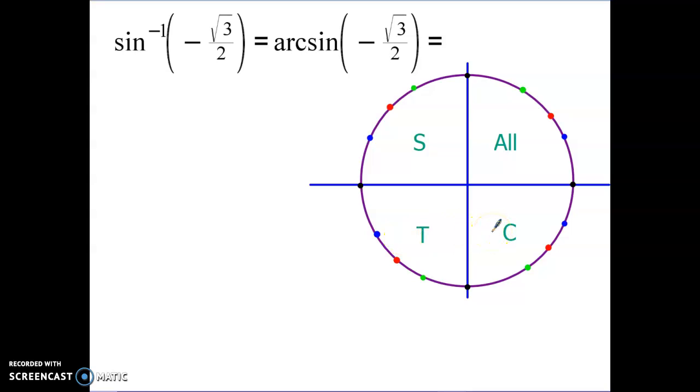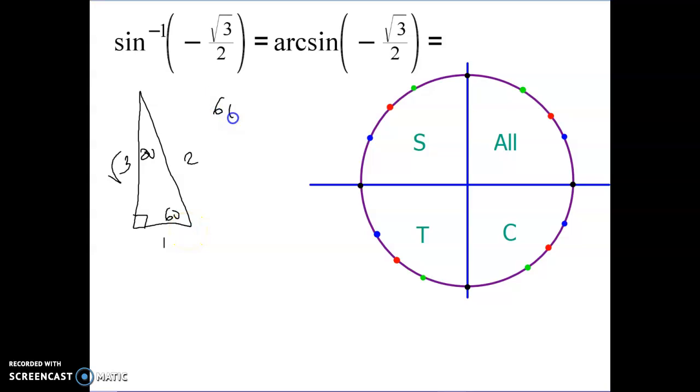The question is, what is my reference angle? So let's see. I'm going to do the 30, 60, 90 triangle here. So 1, 2, square root of 3. And then sine, you remember, is opposite over hypotenuse. So the one that's opposite the square root of 3 is 60.